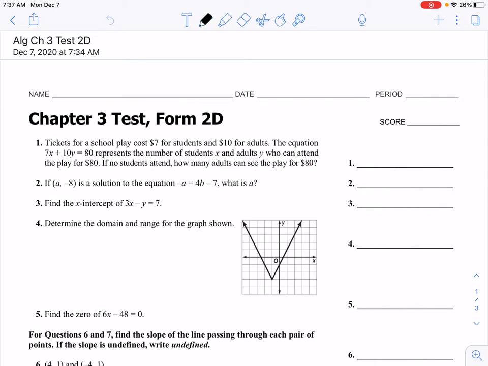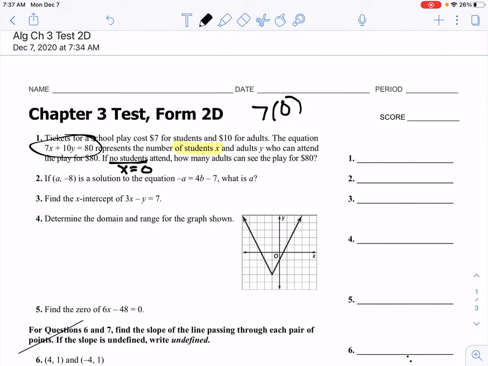So in order to do that problem, pretty much you just got to make the connection that no students, and you know that students is X, means that you make your X variable equal to 0. All right, that's really all that means. And so we're going to take this equation and substitute 0 in for X because we figured that out.